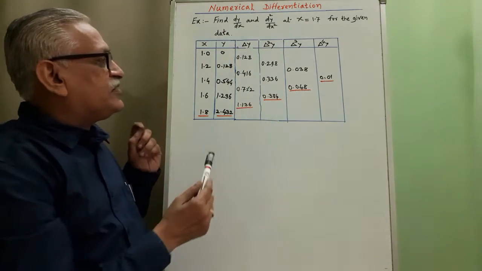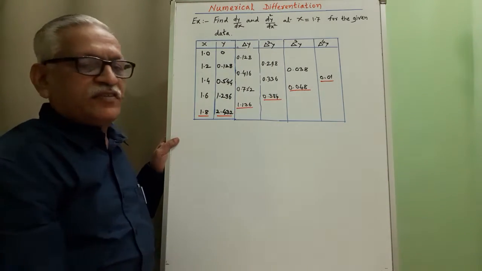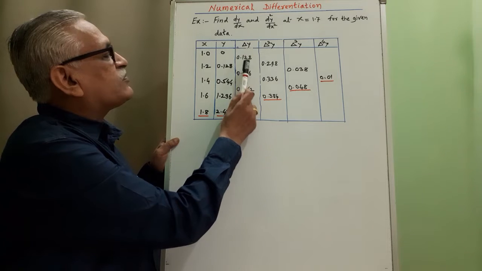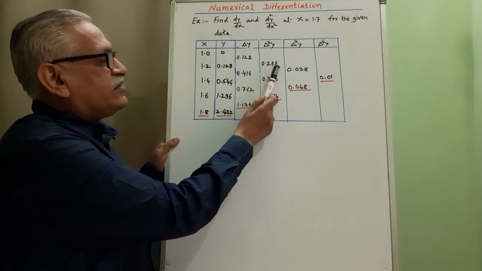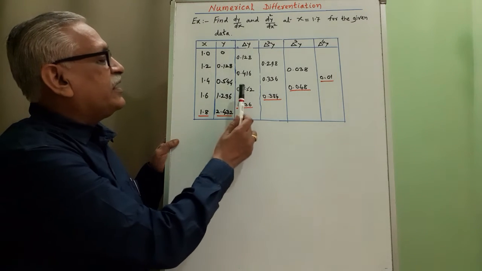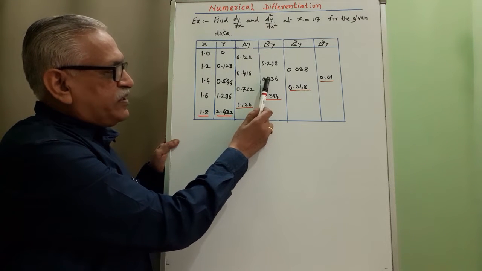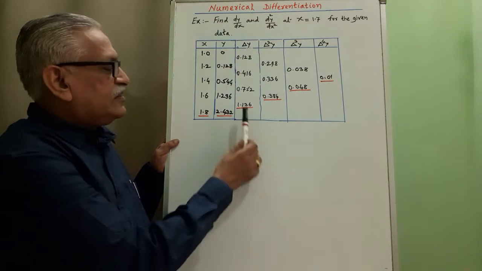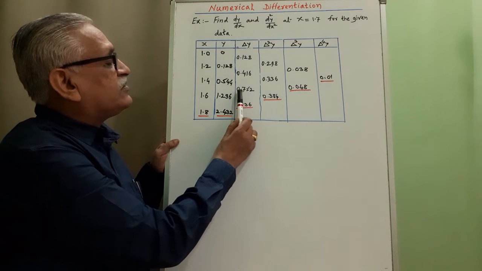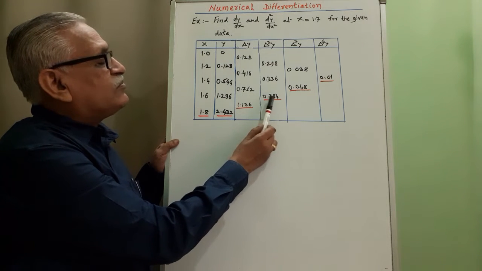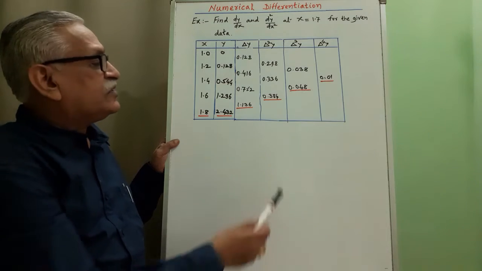Taking the differences of these differences, we get the second order differences: 0.416 minus 0.128 is 0.288, then 0.752 minus 0.416 is 0.336, and 1.136 minus 0.752 is 0.384.